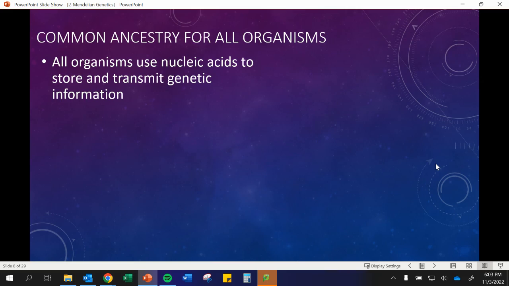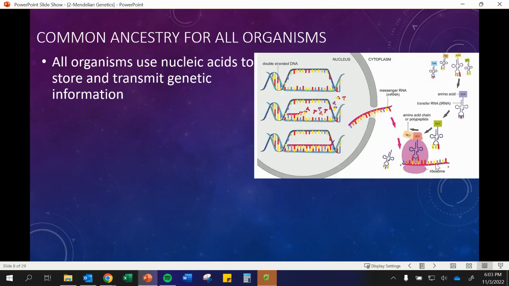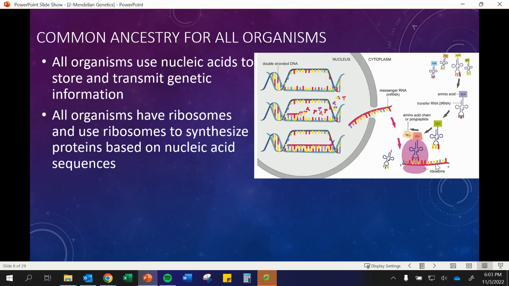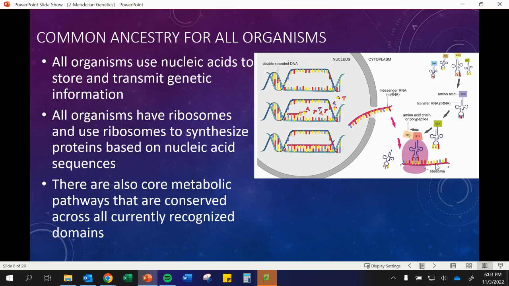No matter what organism we're dealing with, they're all dealing with DNA, and it's the same bases that are being used for that information. Another couple things that will support this is the presence of ribosomes. Those ribosomes are used to turn that information into proteins, which we'll talk about in our next unit.